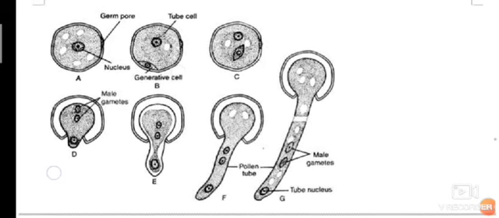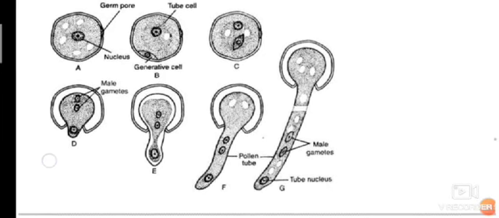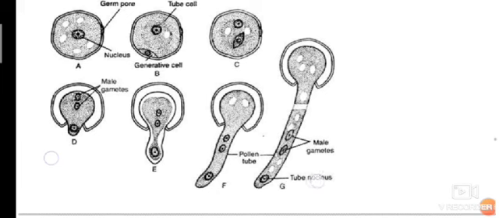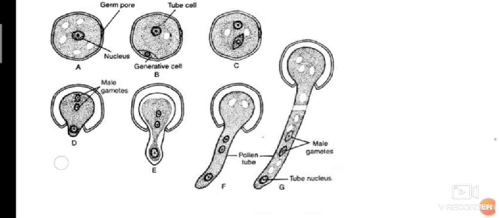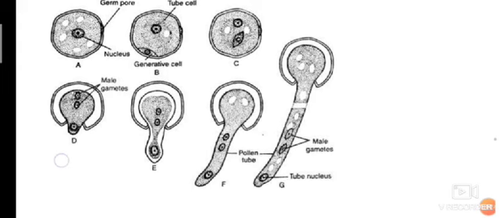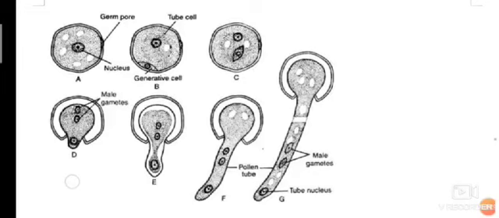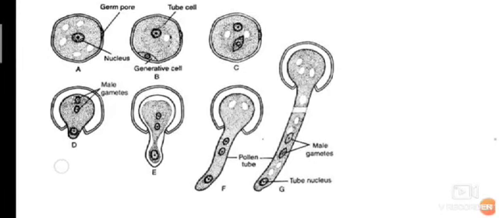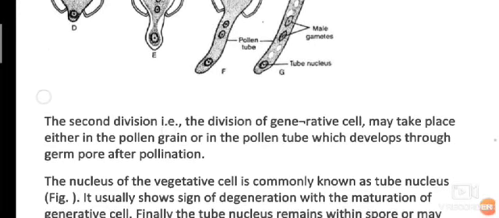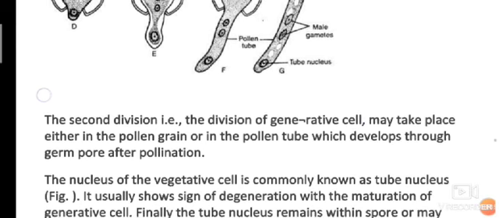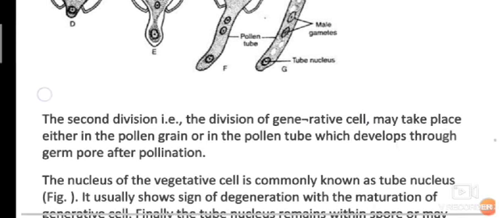It forms the tube nucleus. It shows the formation of a pollen tube, two male gametes and one pollen tube nucleus. So the second division, the division of the generative cell, may take place either in the pollen grain or in the pollen tube which develops through the germ pore after pollination.